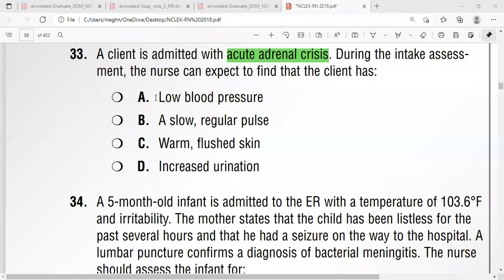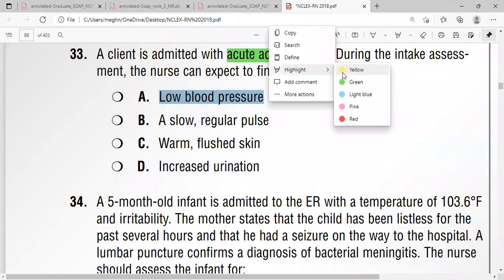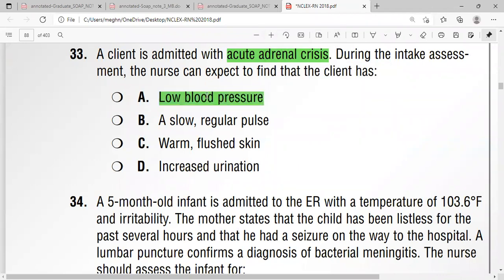So the correct answer, low blood pressure, is correct, right? So why low blood pressure? The client with acute adrenal crisis has symptoms of hypovolemia and shock. Therefore, the blood pressure would be low.